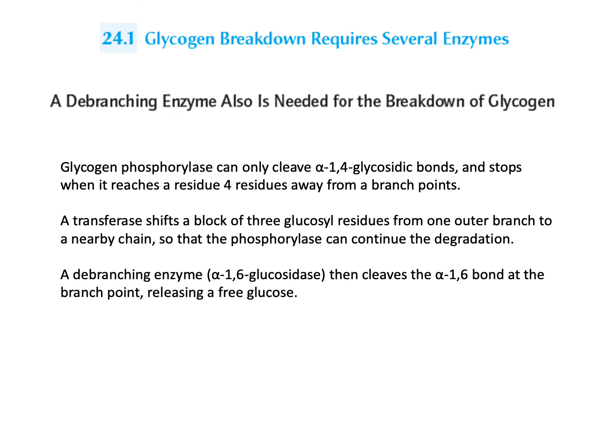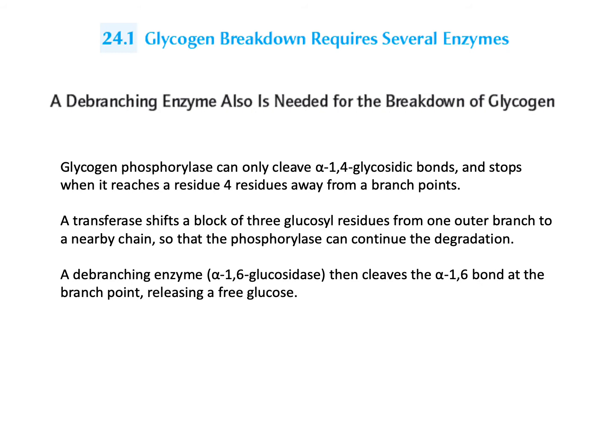A debranching enzyme is also needed to break down the glycogen. Glycogen phosphorylase can only cleave alpha-1,4 glycosidic bonds and stops when it reaches a residue 4 residues away from a branch point.